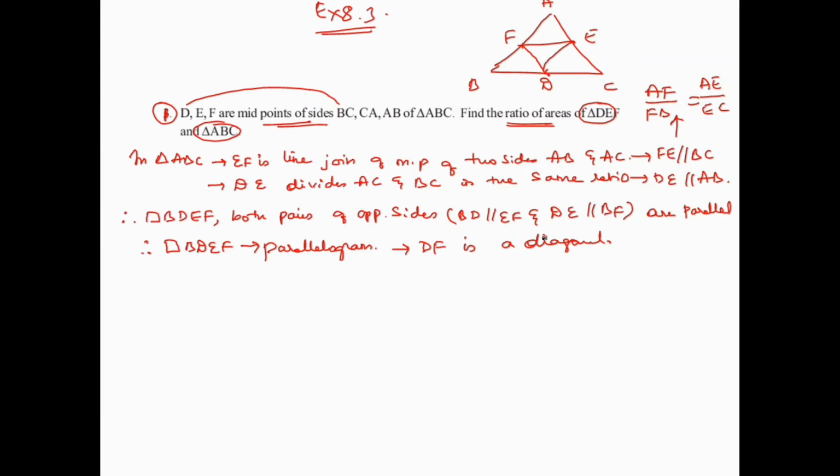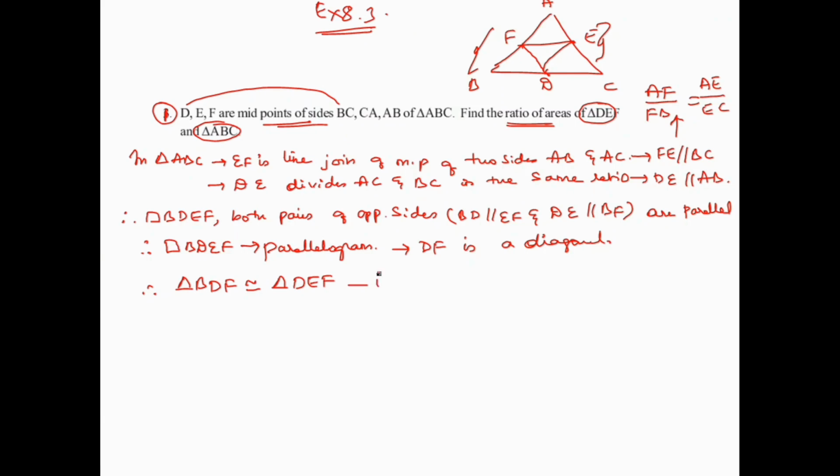Hope this is clear to everyone. That is BF, I'm speaking about this region. Now I can say the similarity, that triangle DEF is approximately equivalent to triangle DBF, right?